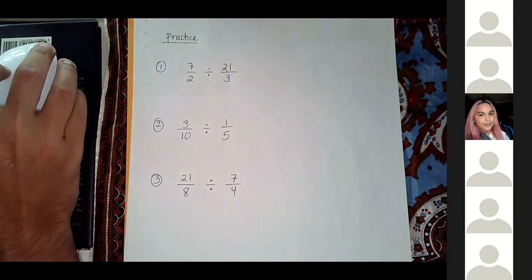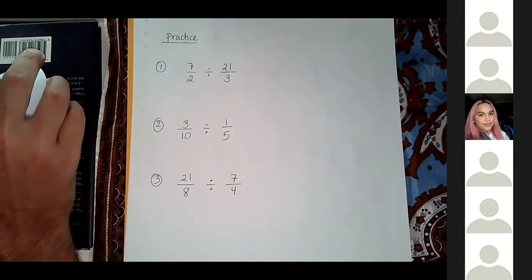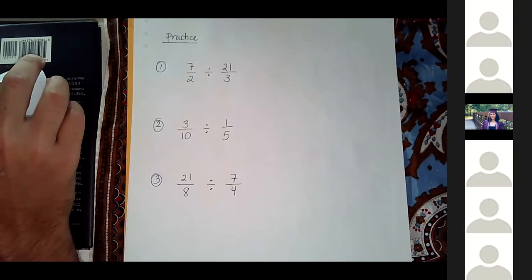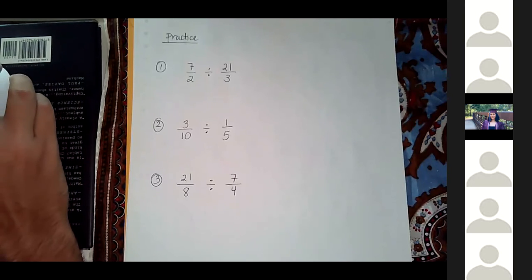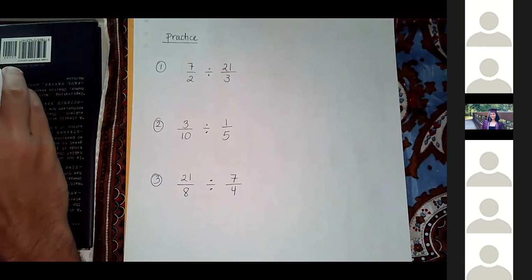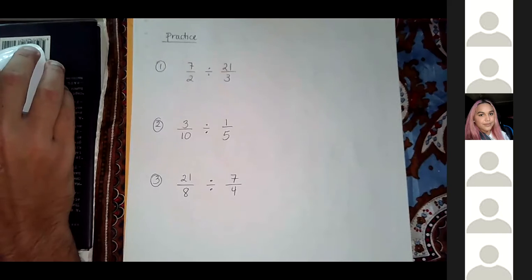And make sure that when you do the keep, switch, flip and you switch to the world of multiplication, whatever the result of that multiplication is, you fully simplify those fractions. Also, if you get stuck or have any questions, feel free to just unmute yourself and ask.